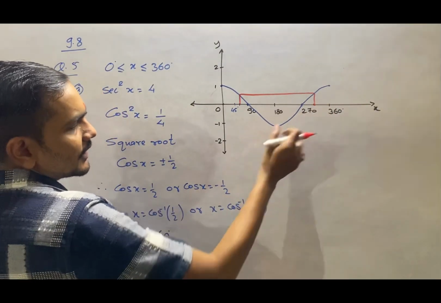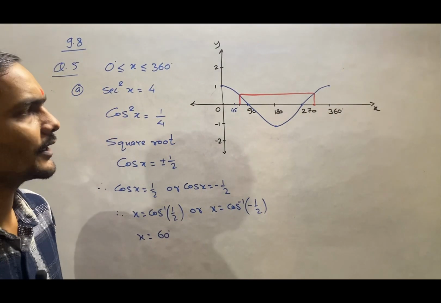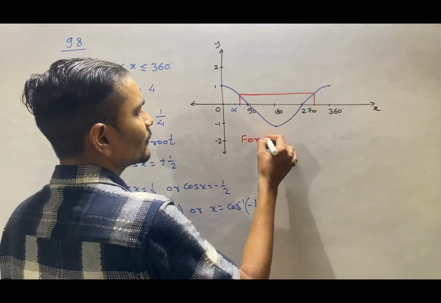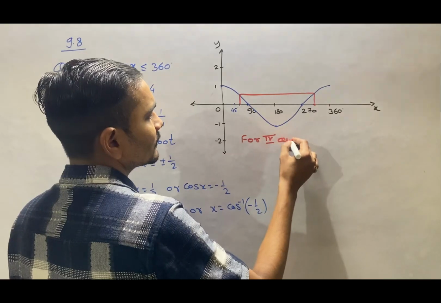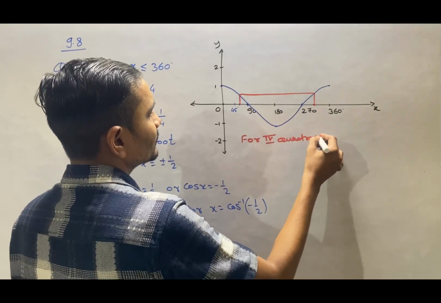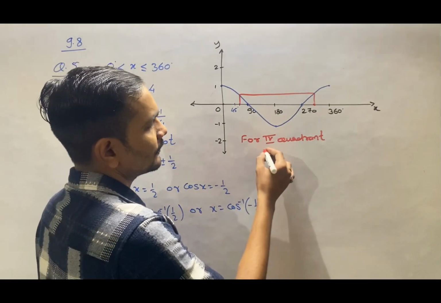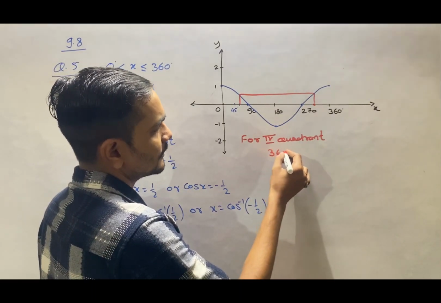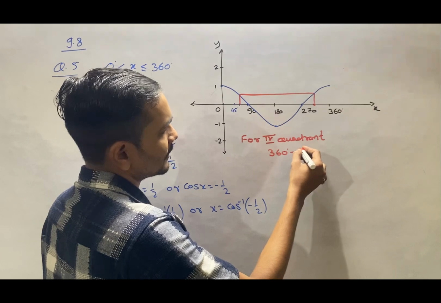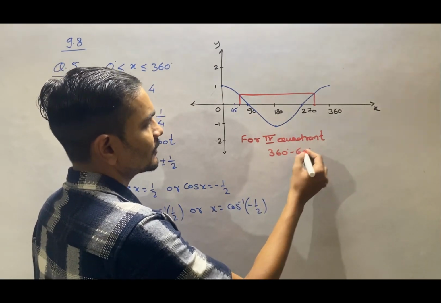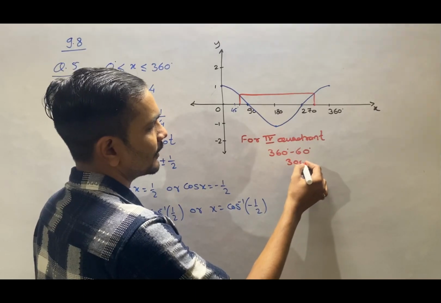So how will we get this angle now? This quadrant is the fourth quadrant. So in the fourth quadrant, what we will do, we will subtract from 360. So the resultant angle we have is 60. So that is 300.